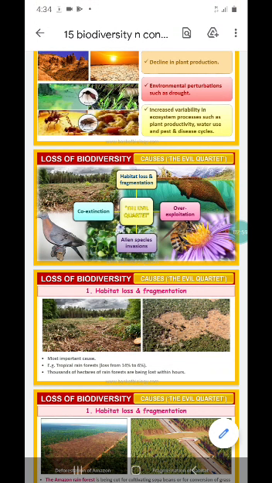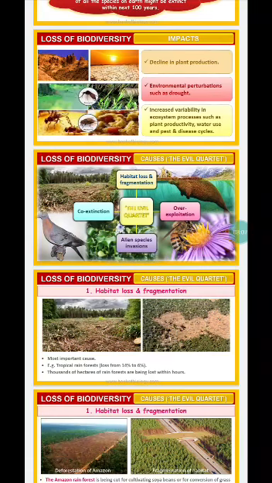Now, I told you this loss of biodiversity can be classified under 4 categories mainly, which are habitat loss and fragmentation, overexploitation, alien species invasions, and coextinction.